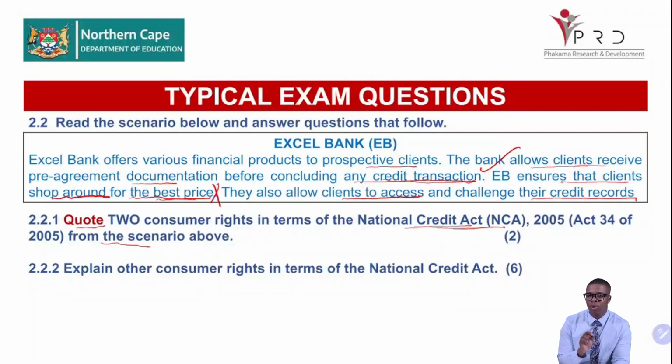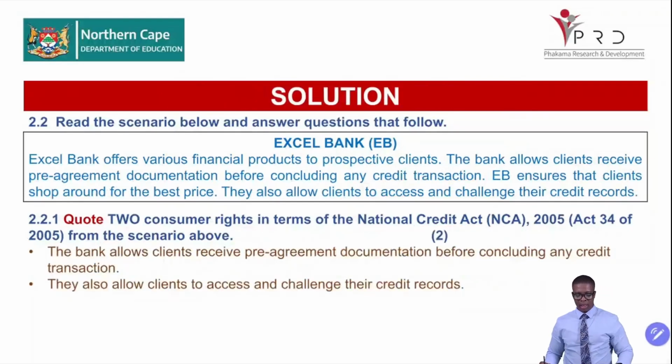This is not a consumer right according to the National Credit Act, but is a consumer right according to the CPA, which is the Consumer Protection Act. But let's check the last sentence. They allow clients to access and challenge credit records. Now, this is a consumer right according to the National Credit Act. So this is correct. Now let's check.